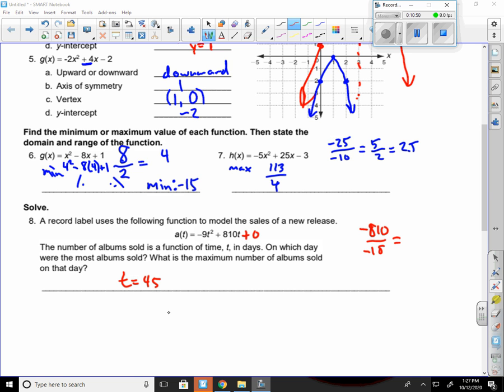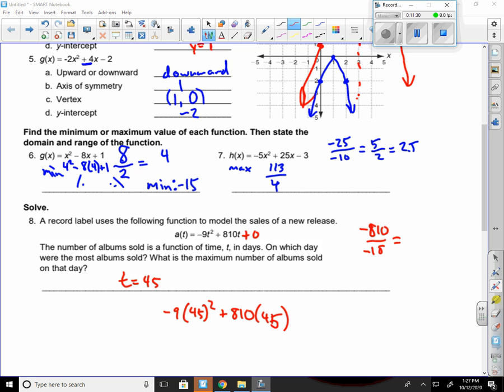Now to find how many are actually sold on that day, I do negative 9 times 45 squared plus 810 times 45. So 45 squared times negative 9 gives me negative 18,225 plus 810 times 45, which is 18,225.